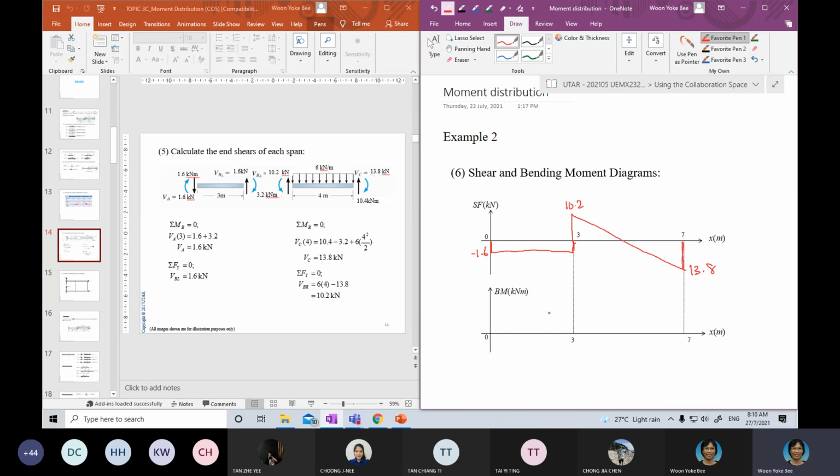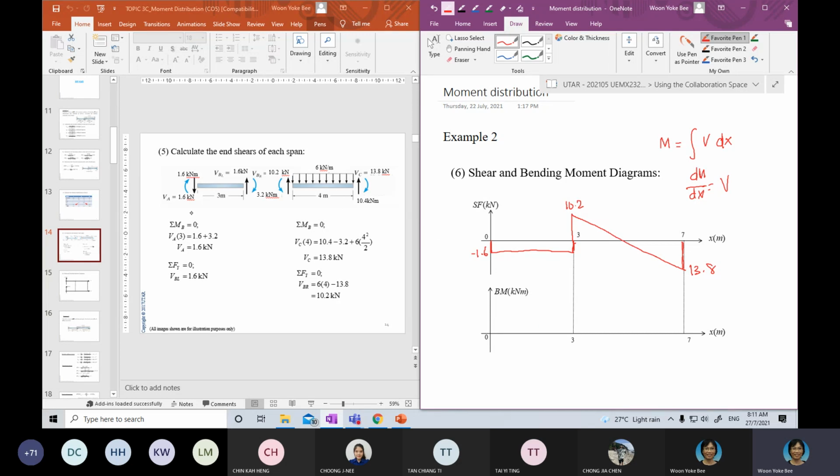Then for bending moment, you also need to remember the relationship between M and V. The shear is the gradient of the moment, the gradient of the moment is equal to V. Here the value of V is negative, so obviously this portion will have a negative gradient.